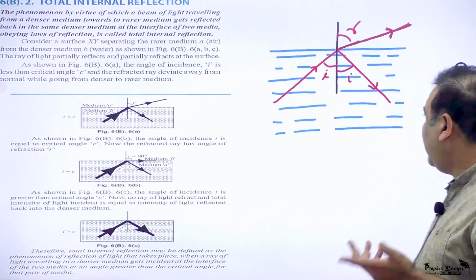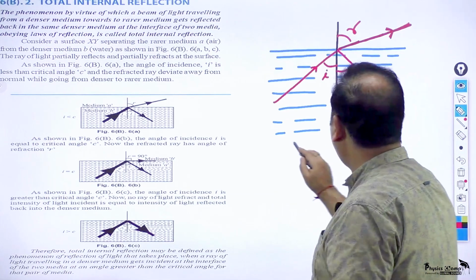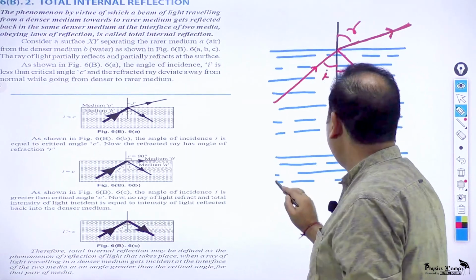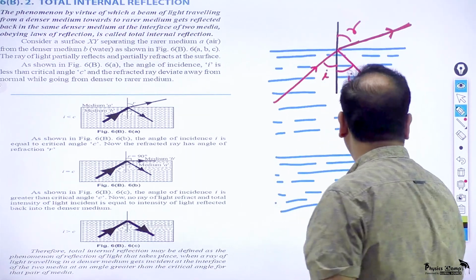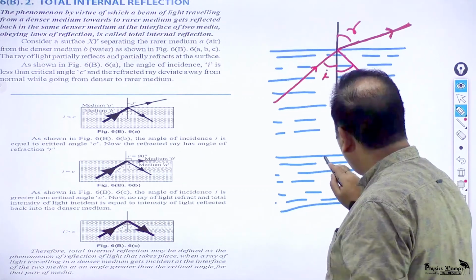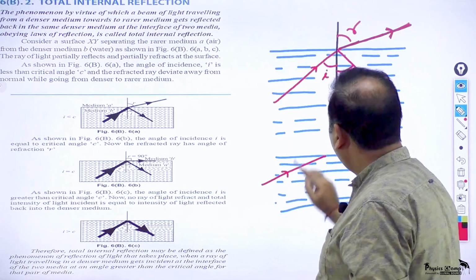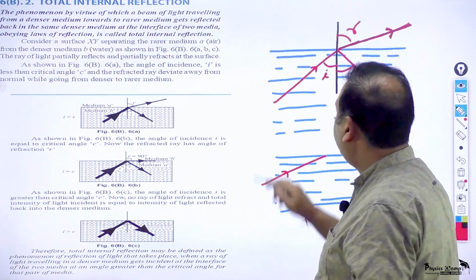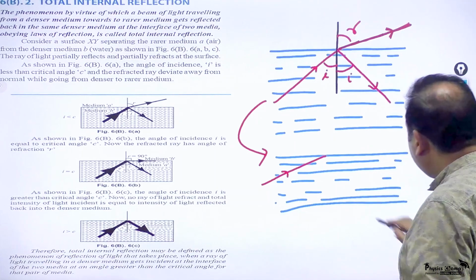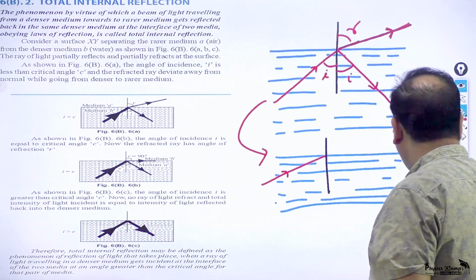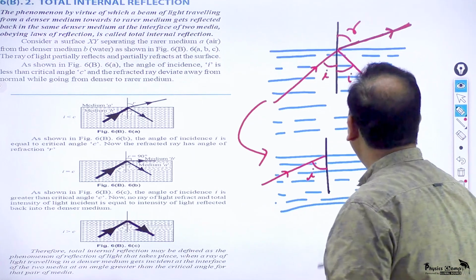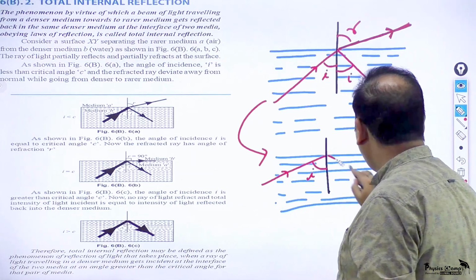Now, in a second state, the angle of incidence is increased for the same ray. If the angle of incidence is increased, no doubt, there will be another ray which is reflected at the same angle.